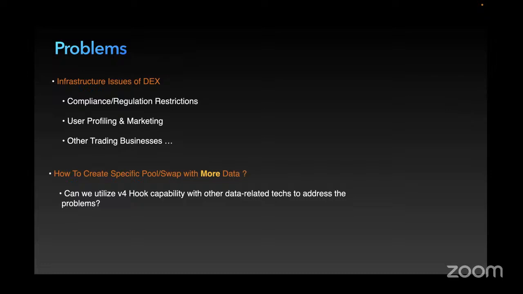And there are other problems: if we have more user data, how can we leverage it, whether for marketing or user profiling, so the DEX can be built better or targeted at specific users, and maybe for other trading business.